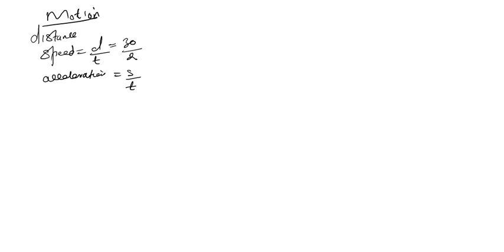Instead of having distance as 30, we have it as a function. So we introduce a function s, so that we're saying that distance is t squared plus 2t, something like that. So this is basically what we want to do.